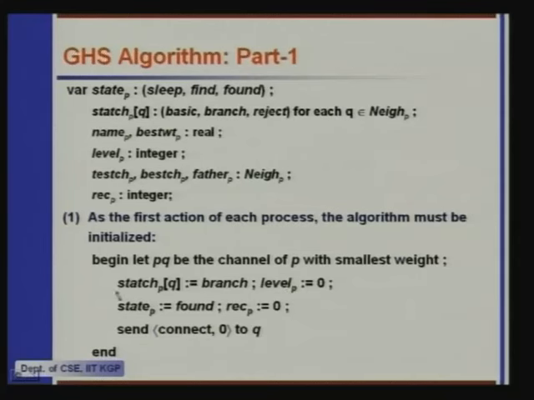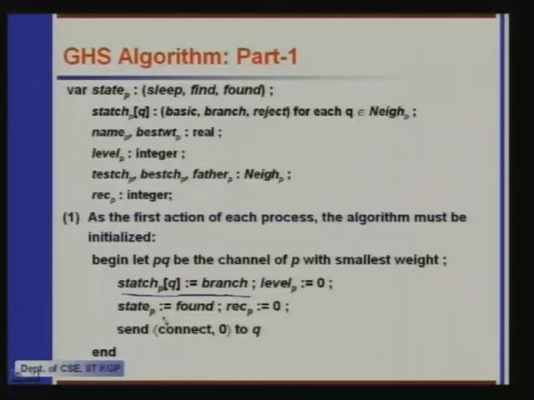How can we with certainty set this as branch? Because for every node, the minimum cost edge incident on that node has to be part of the tree. Why? Because you can think of the partition where this node is on one side and the rest of the nodes are on the other side.